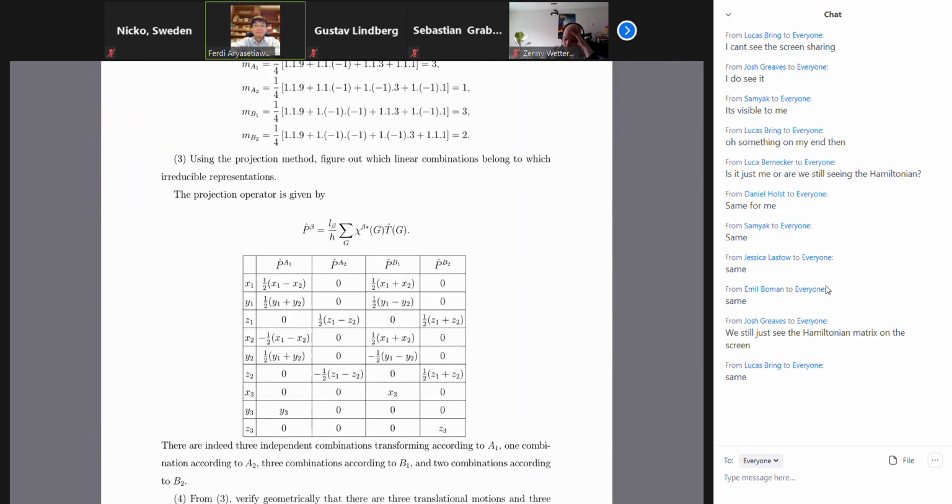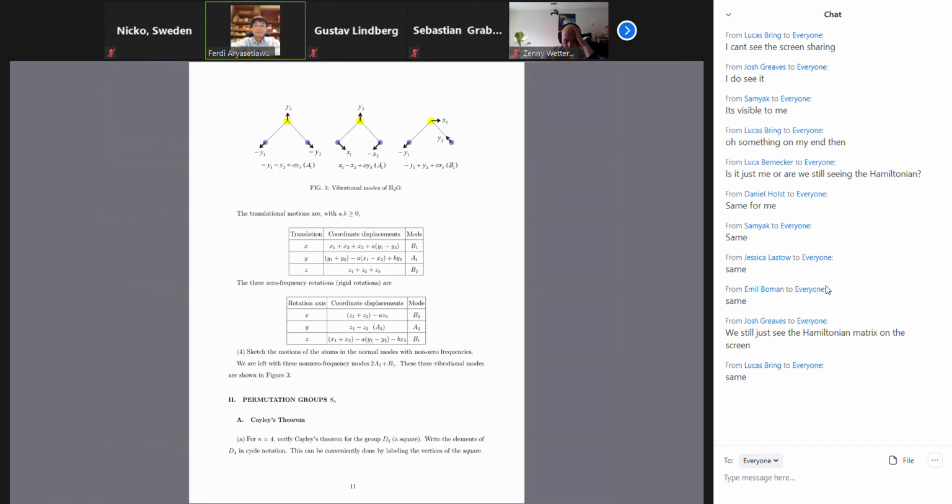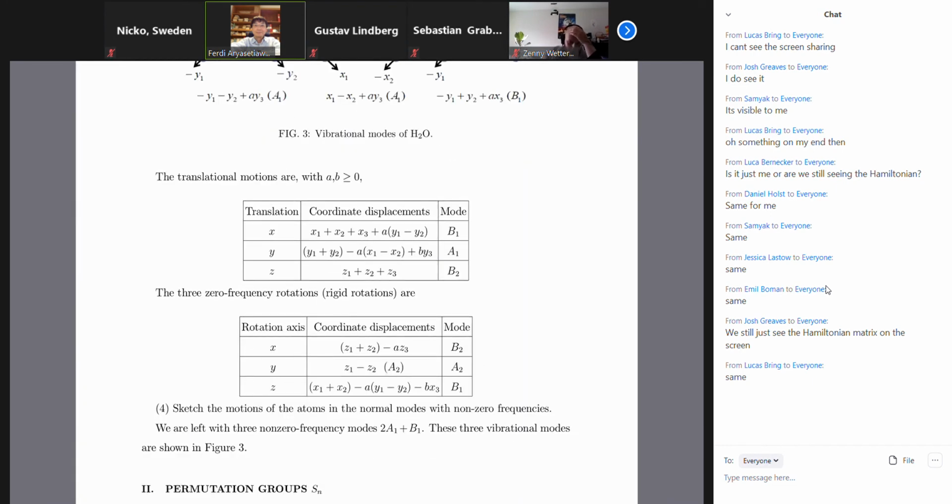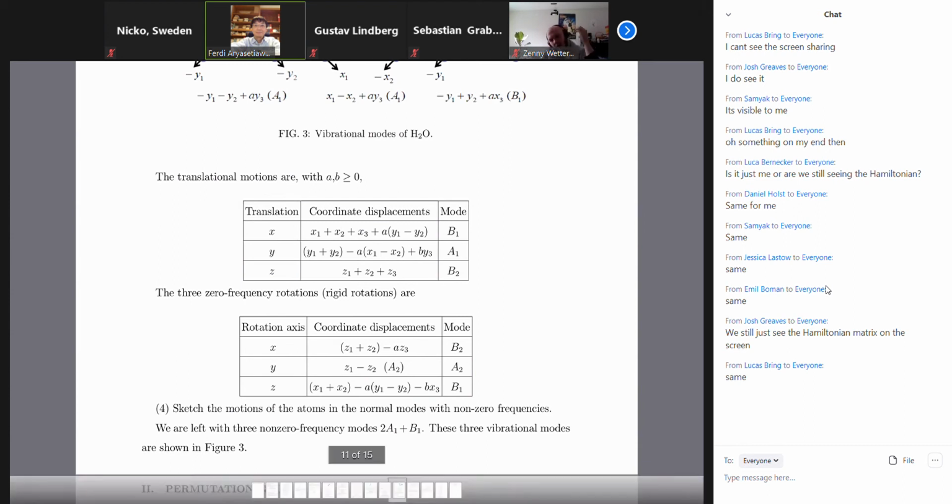It says A1, so that's what we have. That fits, and so on. The z is easy, it's just the sum of these three. So let's look at the rotation.